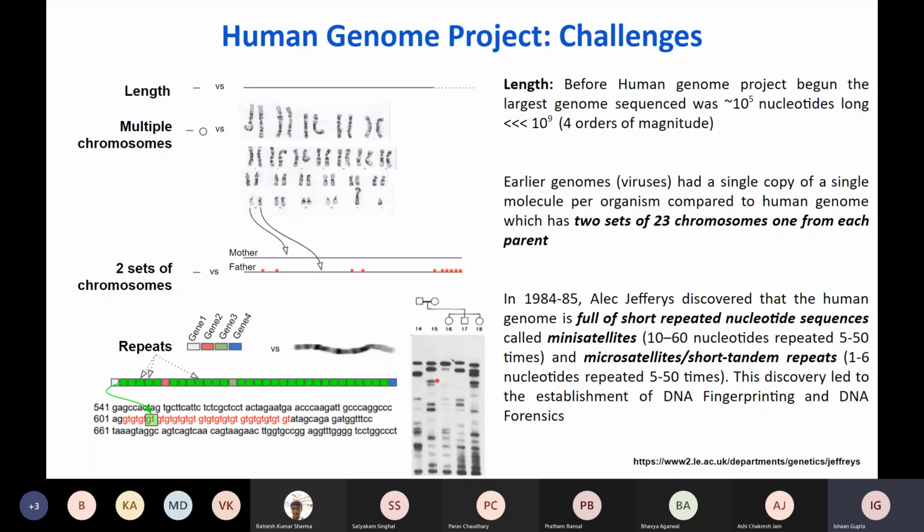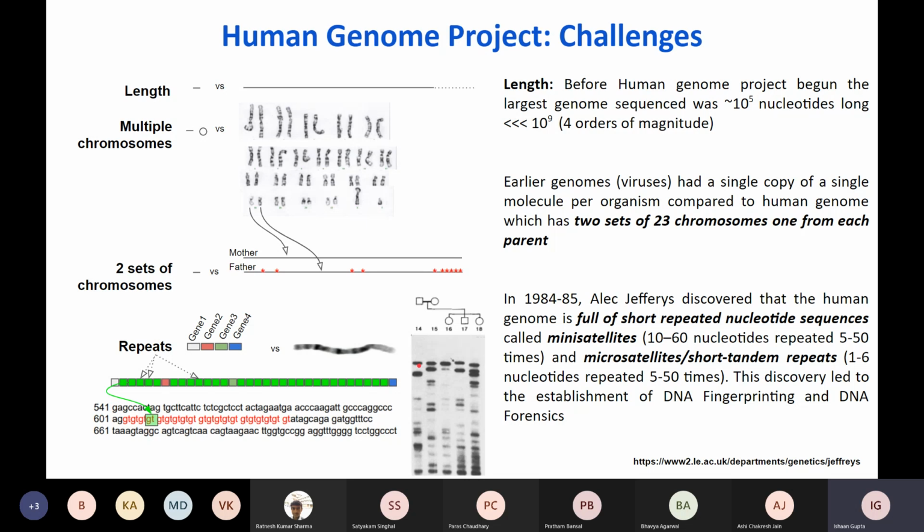For example, I'm showing you here a pedigree. This square is the father, the circle is the mother, and they have three children, 16, 17, and 18. Now you take the DNA and run it on a gel to specifically look at the microsatellite regions.